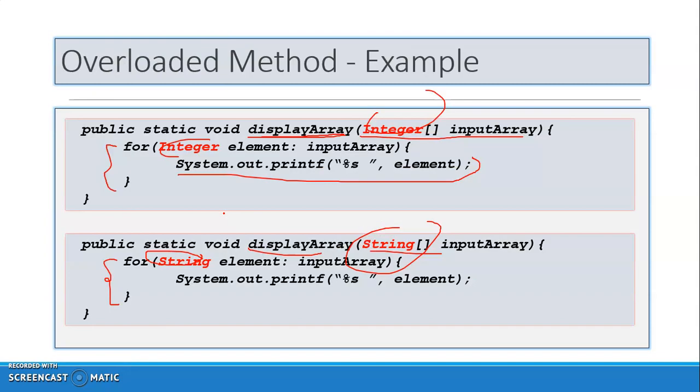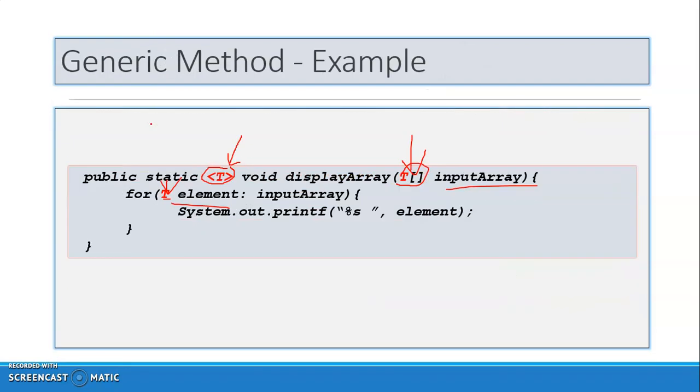The arguments that you send will determine the type parameter that should be used to replace T. It is going to inspect the arguments, and from there it will know that these arguments are of data type, maybe integer, so this will be treated as an integer.